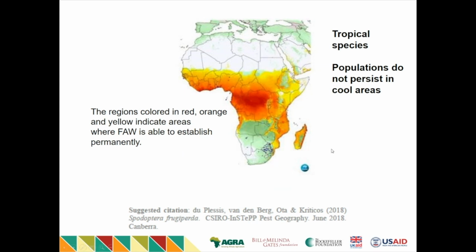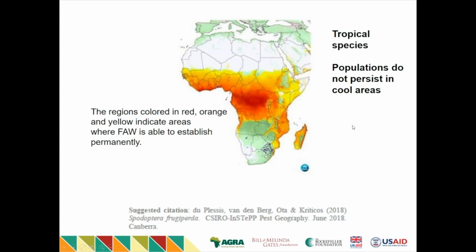So in this map, and depending on where you are when you look at this presentation, it shows that the regions colored in red, orange, and yellow are the regions which are suitable for fall armyworm to establish. So in these parts of Angola and Zambia and the highlands of Zimbabwe and Western Kenya, for example, you can with accuracy predict that there will be annual invasions, but that the pest will not always be there.